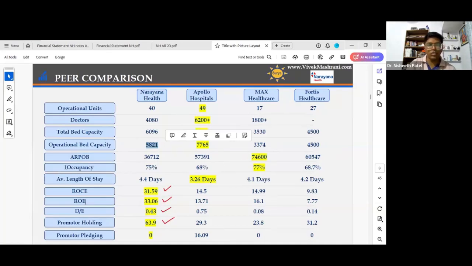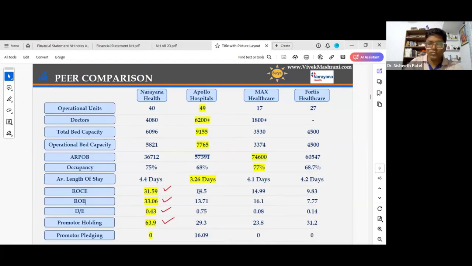So if we have to see the occupancy rate also, how much occupancy they are getting? Average 60 to 70% occupancy they are getting, and this is the ROCE, ROE, and debt to equity ratio. This is what we have been looking at from the financial ratio analysis.